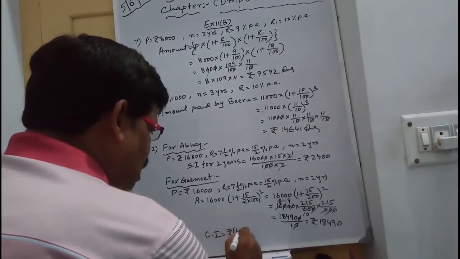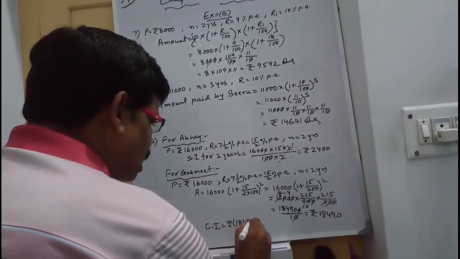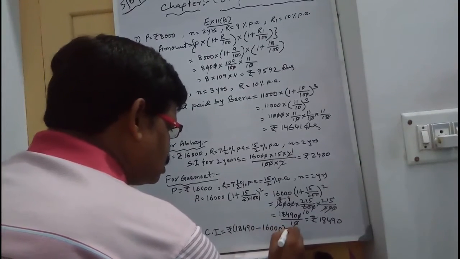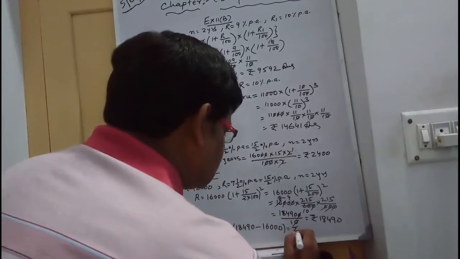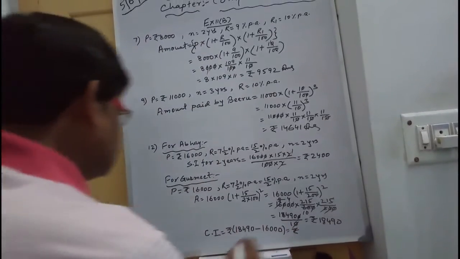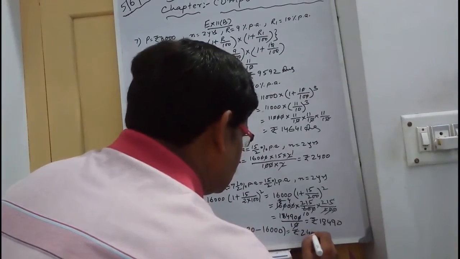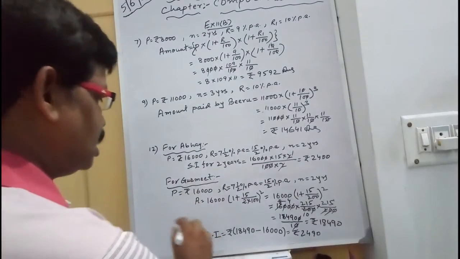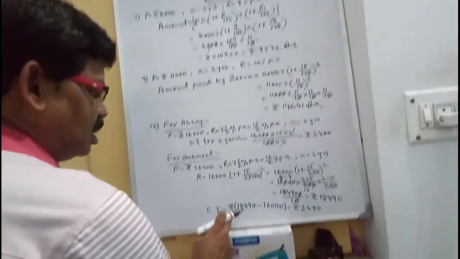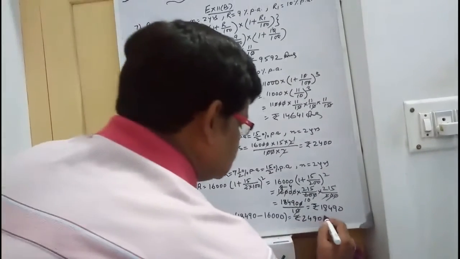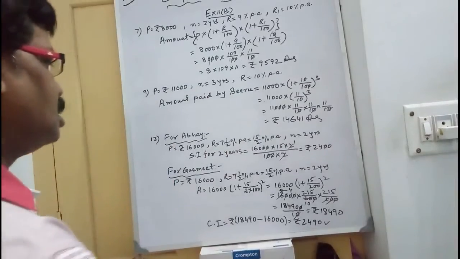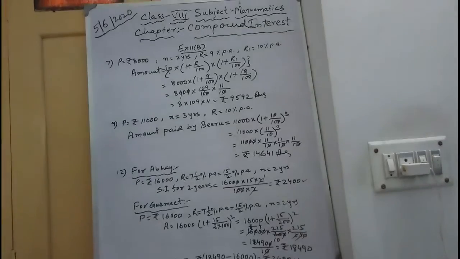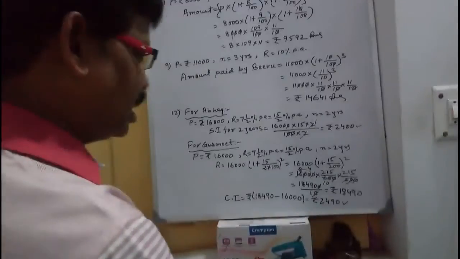Rupees 18490 minus 16,000, subtract it, which is equal to 2490. So for Gurmeet, as he compounded annually, the compound interest is 2490, and for Abhay the simple interest is 2400. Now in this question you have to find the gain.